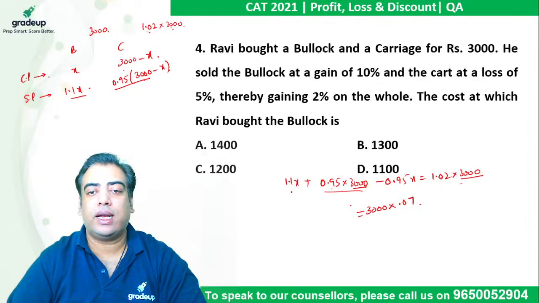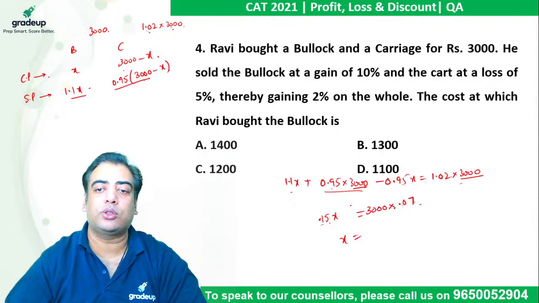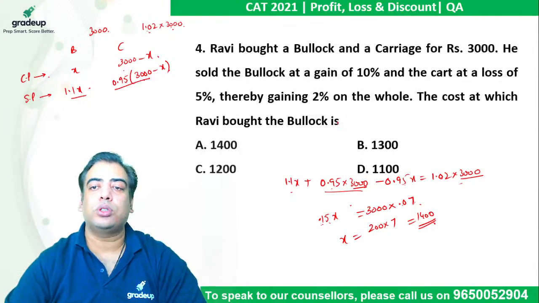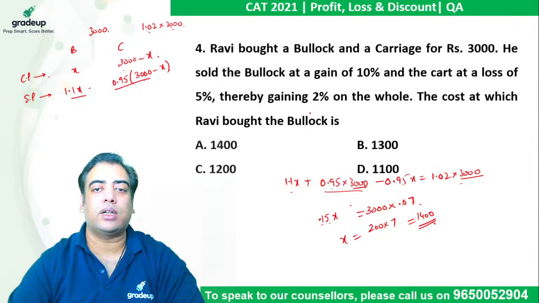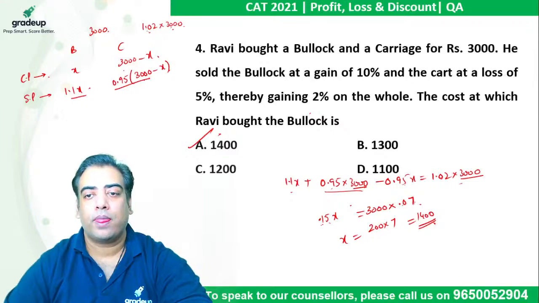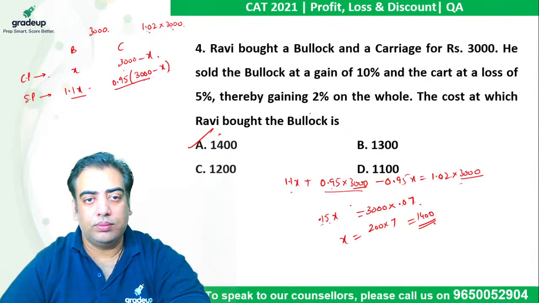And on the left hand side, 1.1 minus 0.95 comes out to be 0.15x. So x comes out to be, these two decimal places get sorted out, it is equivalent to 15 2s are 30, which is 200 into 7 comes out to be 1400. And in the question, he is asking the cost at which Ravi bought the bullock, which is 1400 rupees.